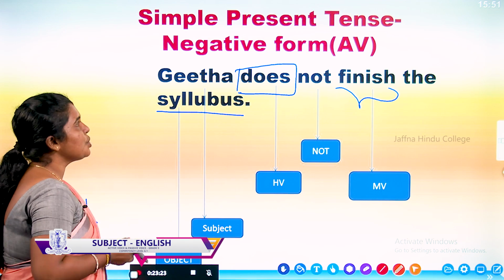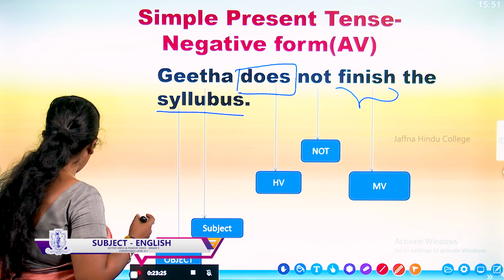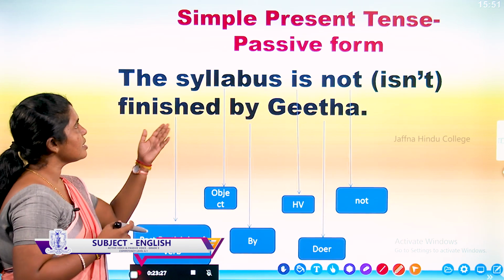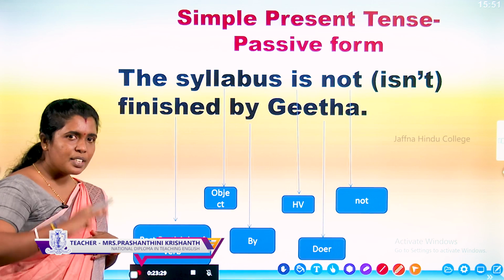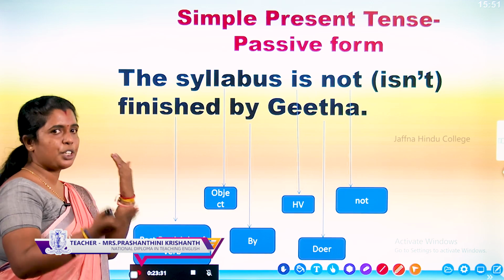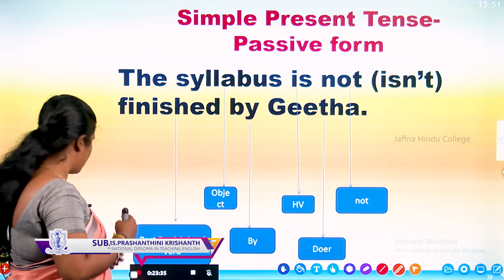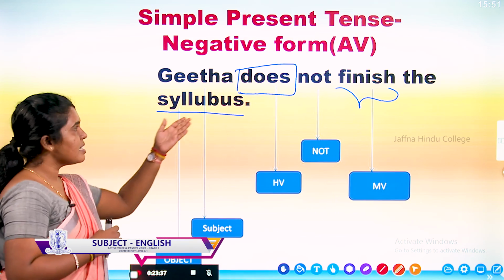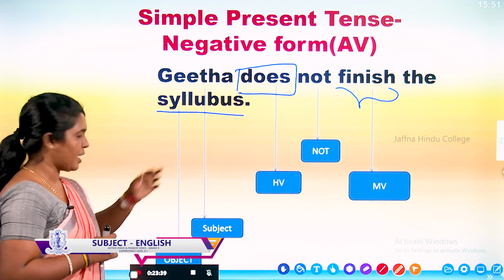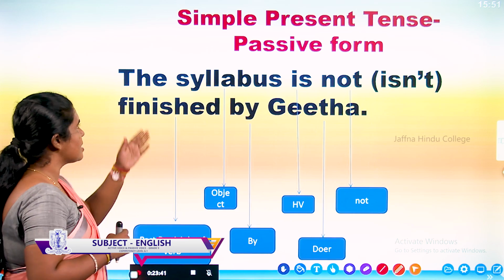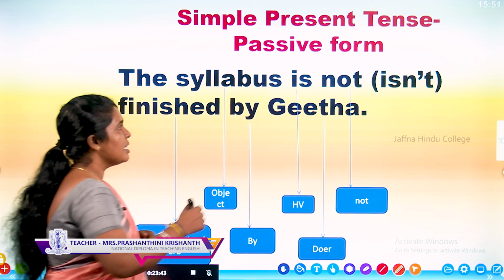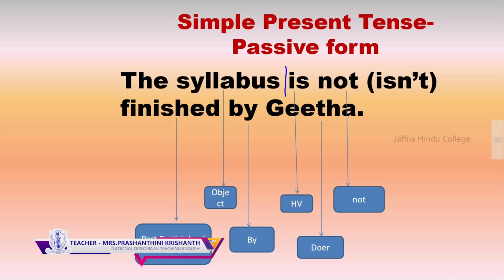Now we are going to see the passive. So how can you change? See this one. So as usual you have to take the object first. What is the object? The syllabus, right? See this slide. Syllabus is the object. So we are taking syllabus here, the syllabus. We have to choose the correct helping verb, right?